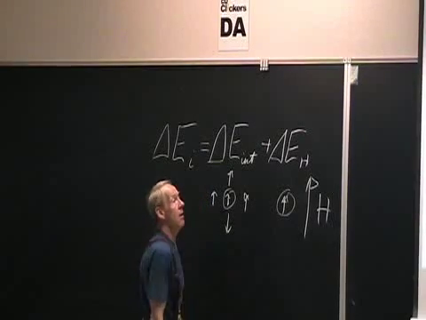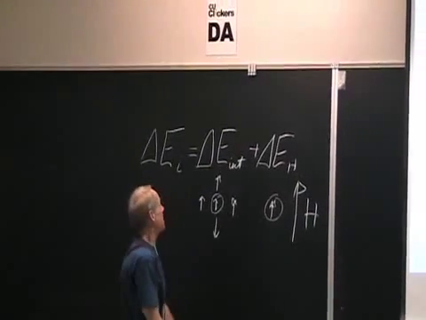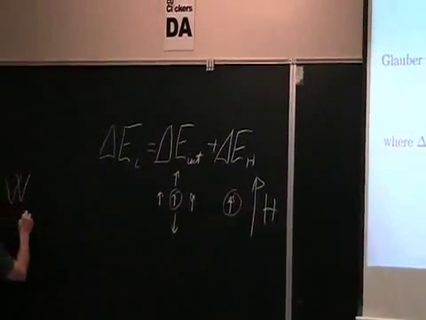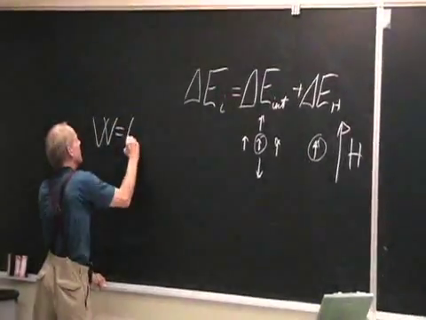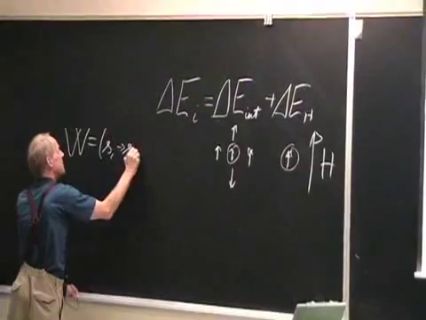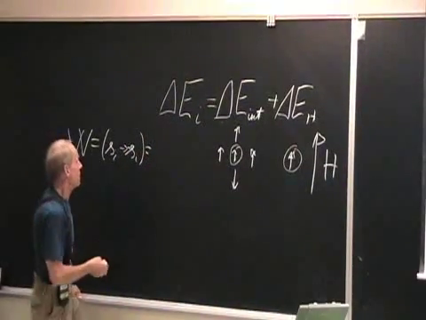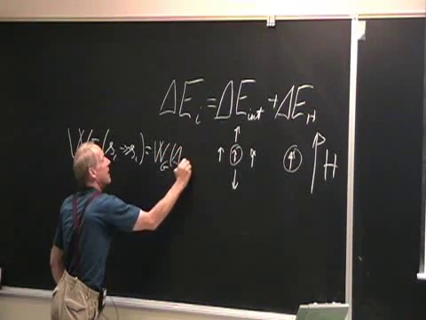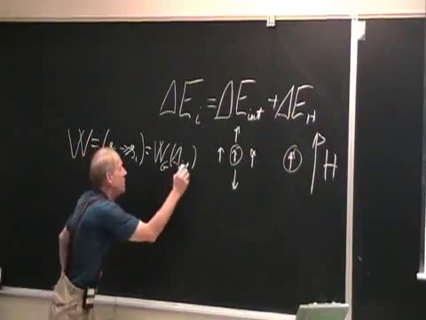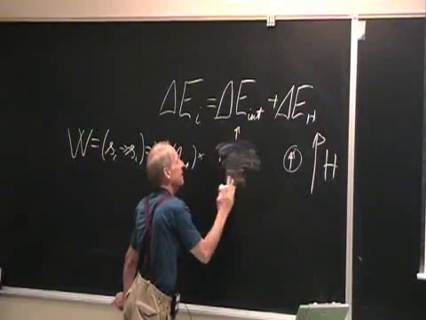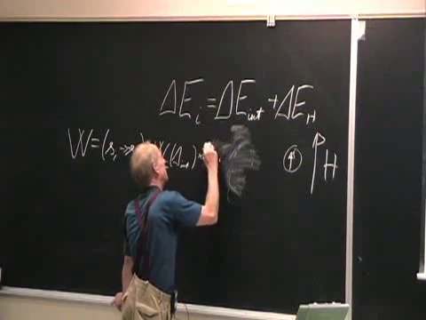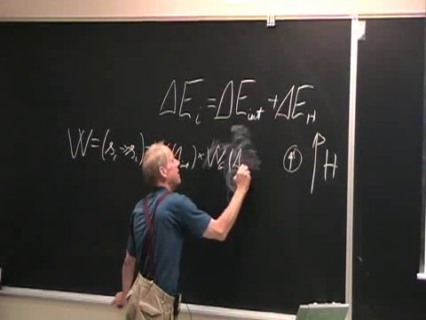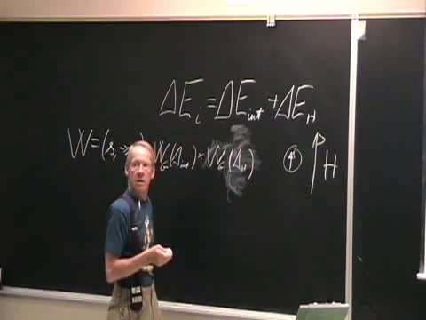And so the soft Glauber dynamics simply gives me the W of S_i to minus S_i equals the standard Glauber expression, but using delta E interaction, times the standard Glauber expression, but using just delta H. Okay.